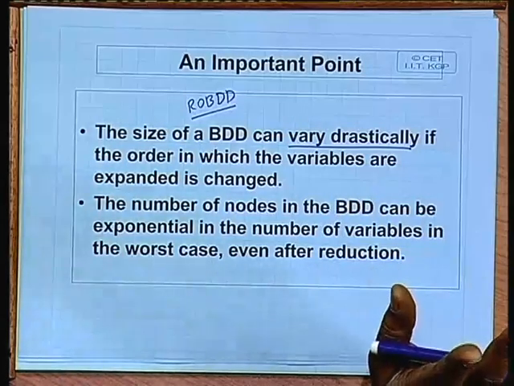So, there is no deterministic algorithm which will tell you that this variable ordering is the best, but of course there are some heuristics which people use, like you try to use a variable for splitting a function which approximately divides the number of true minterms into half false and half true. So, you try to use a variable like that.